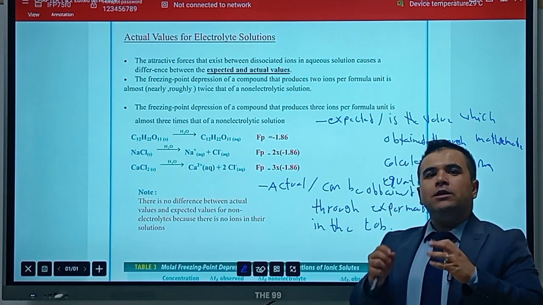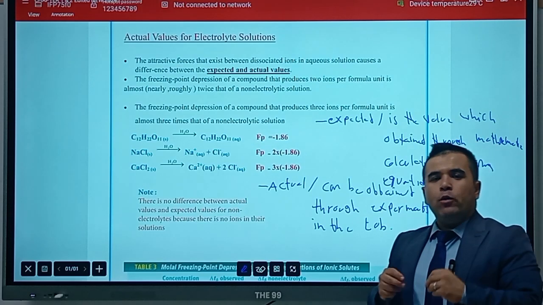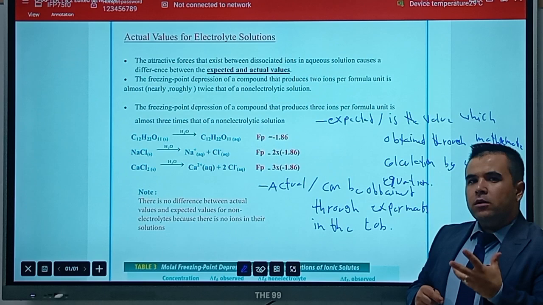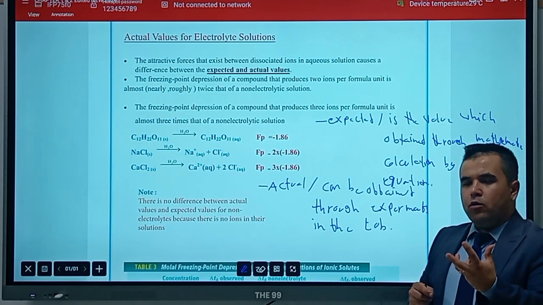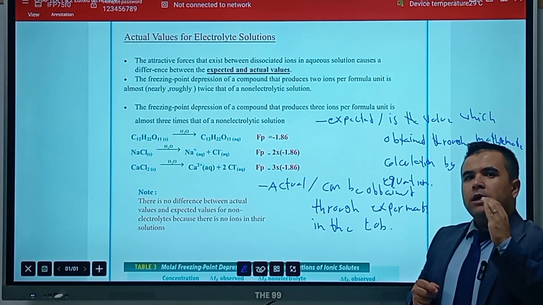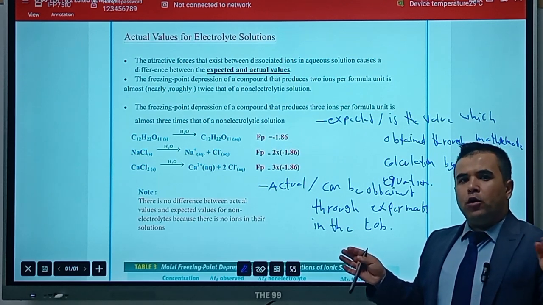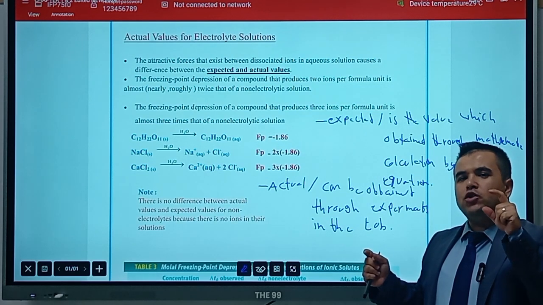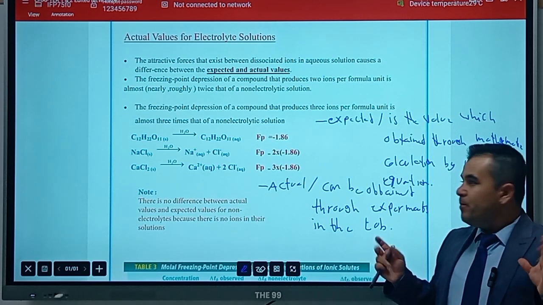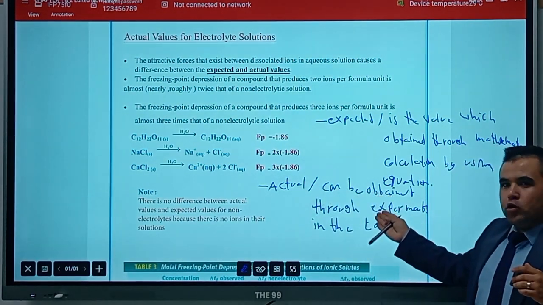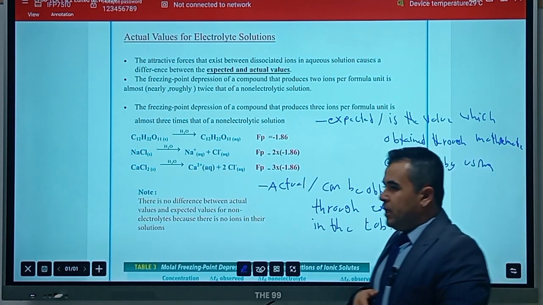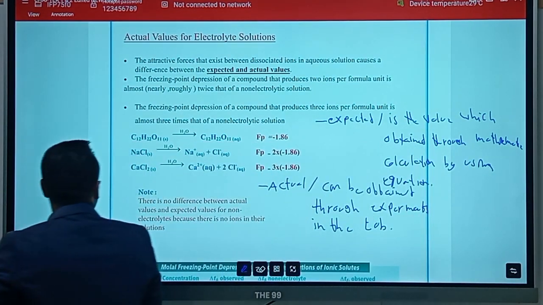If we want to get the actual value of this, we have to do the experiment in the lab. Boil the same solution with the same molality of the water and wait till it reaches its boiling point, and we will measure the boiling point elevation actually in the lab. So the actual value can be obtained from experiment and the expected from the theoretical calculations, guys.